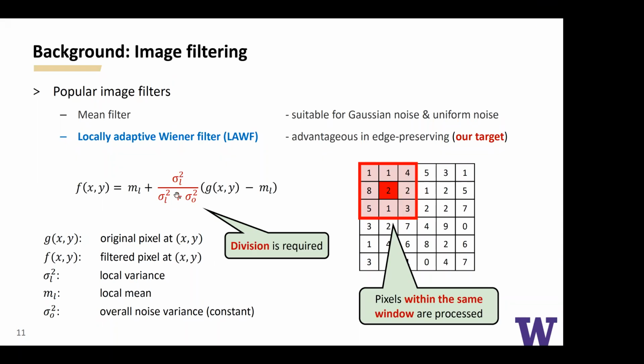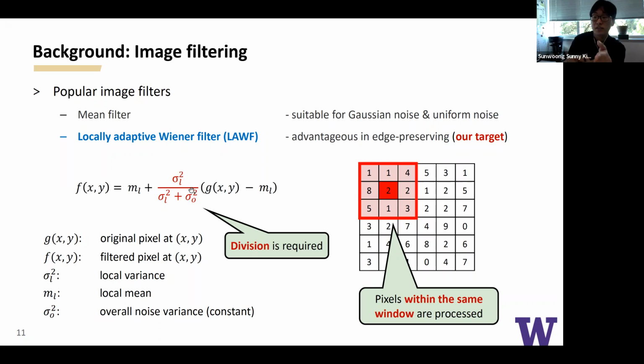Okay, thanks. So this part approaches 1, and therefore the filtered pixel value becomes close to the original pixel value. On the other hand, if the local variance value decreases, then this part becomes 0, so the filtered pixel value becomes the average pixel value in a window. Since we can adjust the filtering extent depending on the local variance, it is advantageous in edge preserving.